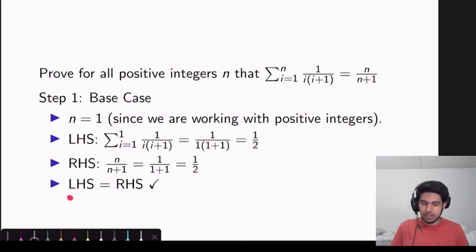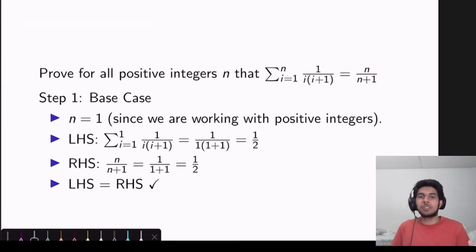Just a brief note: what happens if the left-hand side does not equal the right-hand side? Depending on your opinion of proofs, you might be really happy or really sad. If the left-hand side doesn't equal the right-hand side, you're done.